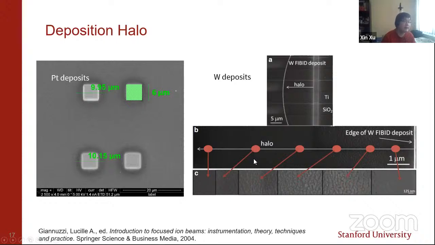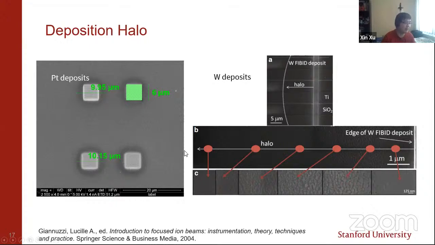So we have to consider that, because it may contaminate your sample, or can damage your electrical circuit and make a short circuit because of the halo effect, especially when the 2 electrodes are very close to each other and you want to deposit some tungsten in this region. There are 2 reasons for this halo effect.